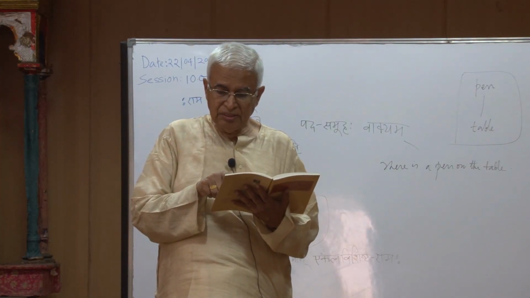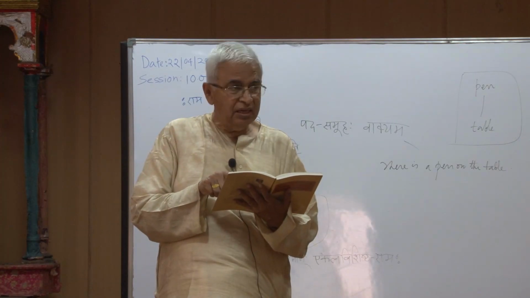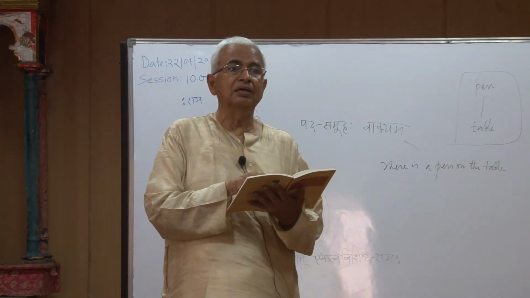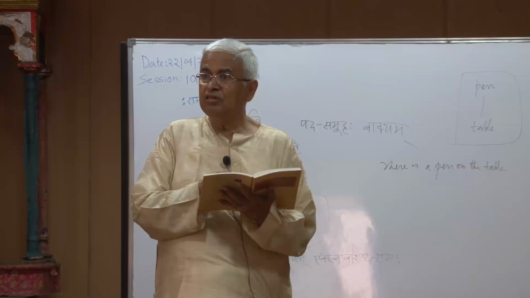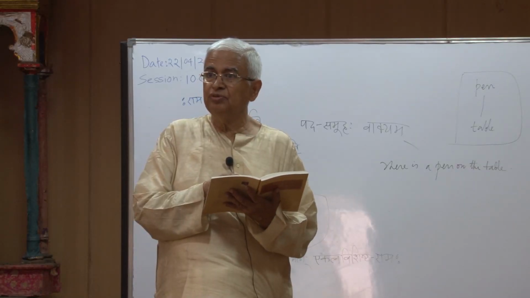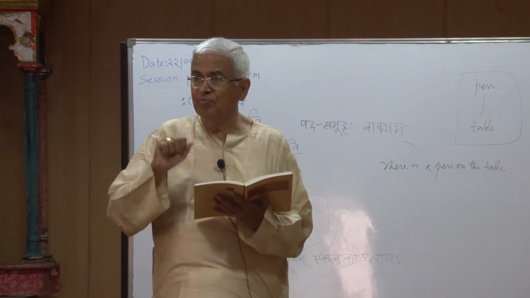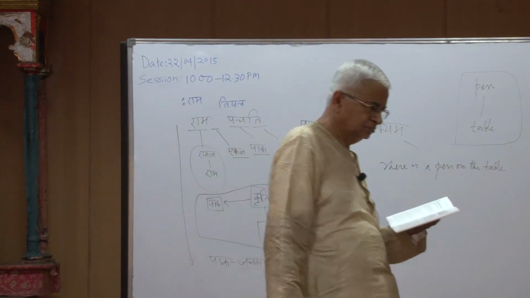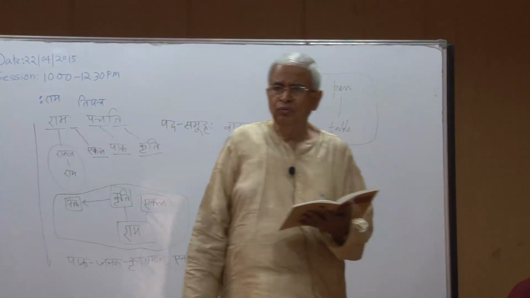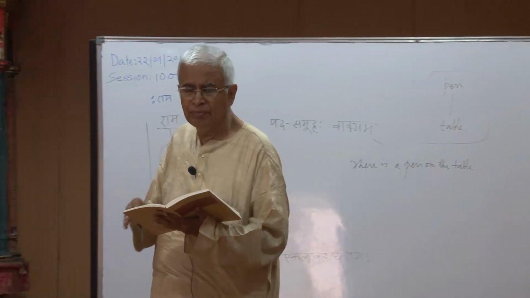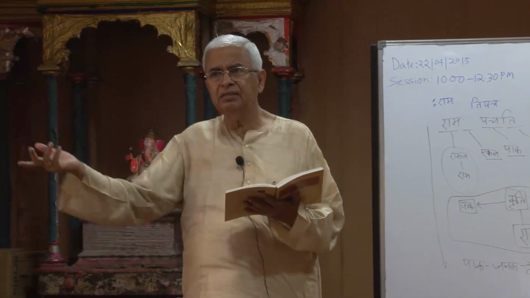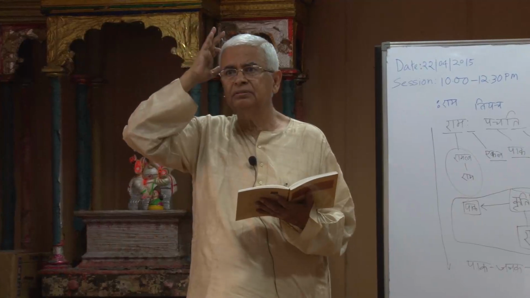Then what is sannidhi? Sannidhi is padanam avilambena ucharanam sannidhi. All the padas are to be uttered with a permissible gap, not more than that. So, with a permissible gap, the padas of the sentence should be uttered. More than that, it will not generate Shabdabodha.